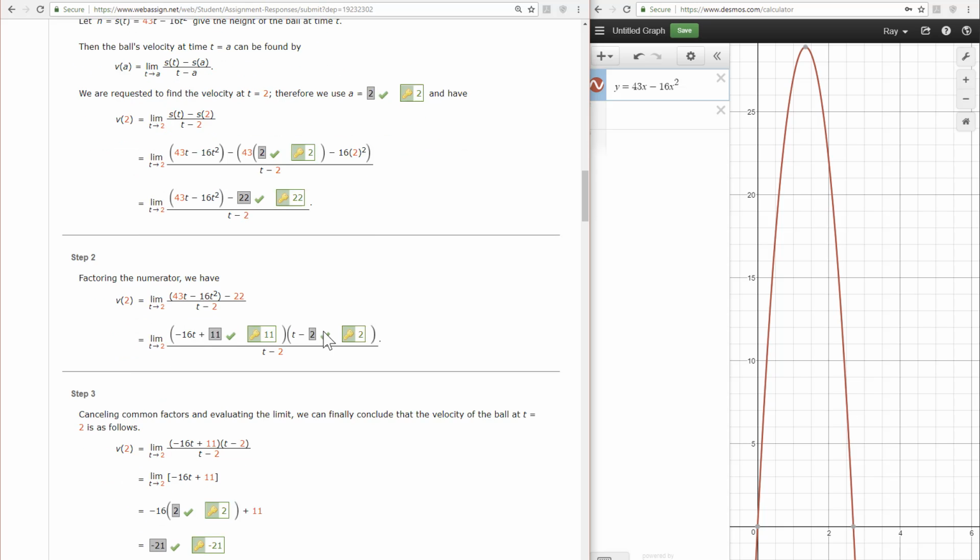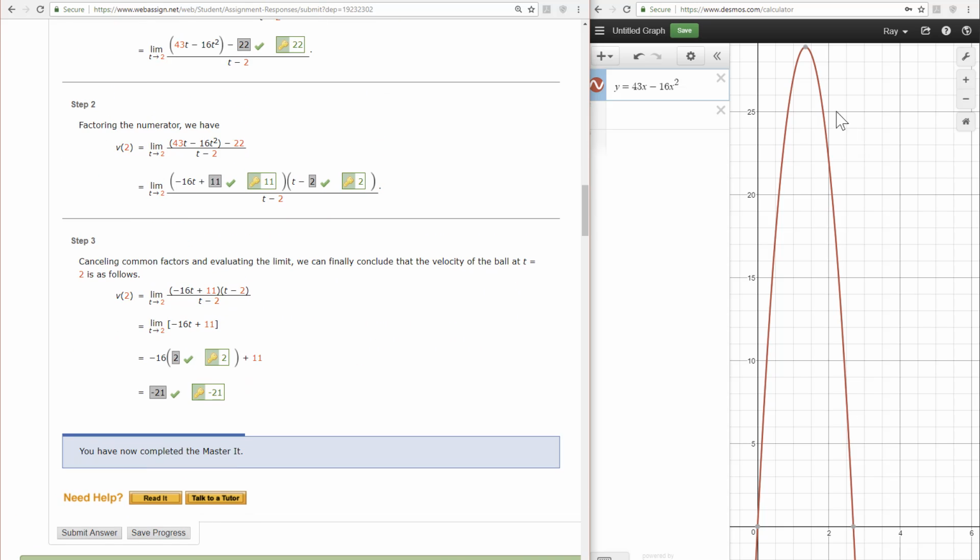And the point is that on the graph, the ball, if it was following this path, would be falling down. That's why we got a negative number: the velocity is now decreasing. It's going downward. Okay. All right. So I hope that helps.